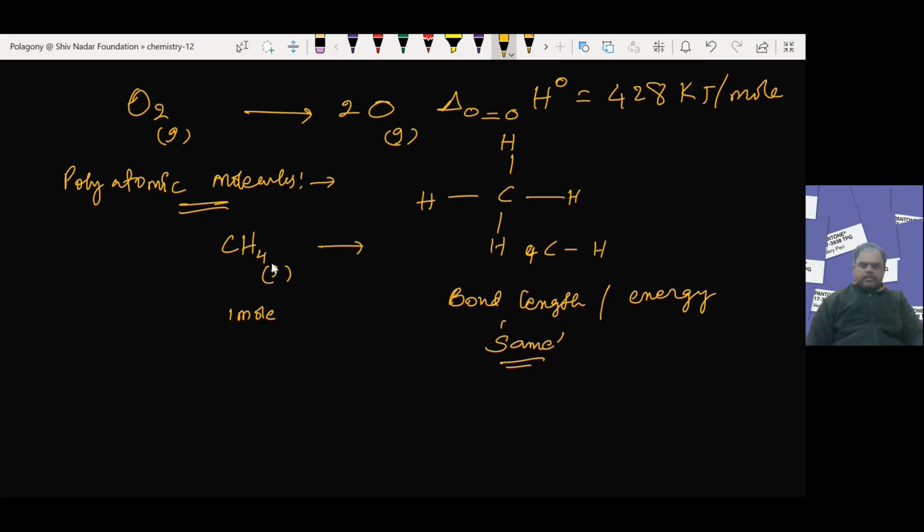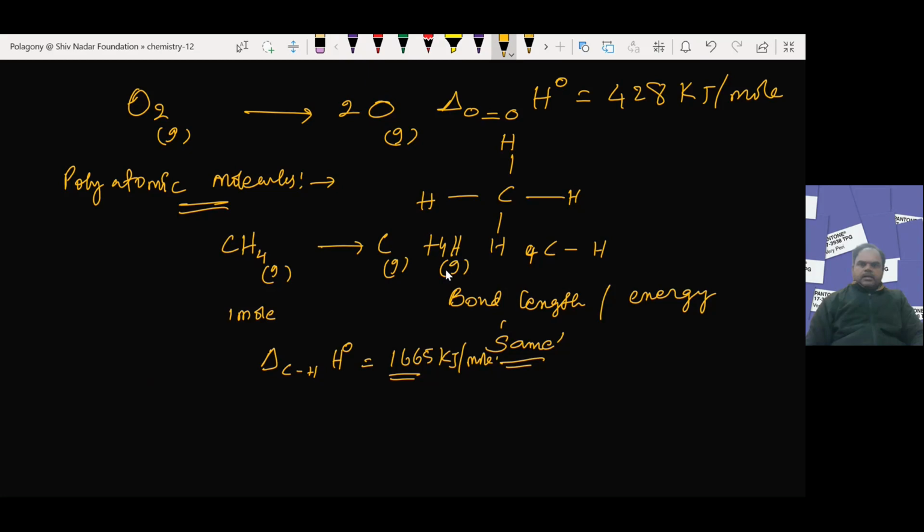So 1 mole of methane converted into 1 mole of gaseous carbon atoms and 4 moles of gaseous hydrogen atoms, the total energy required for CH bonds breakdown, the bond dissociation enthalpy change, will be 1665 kilojoules per mole.